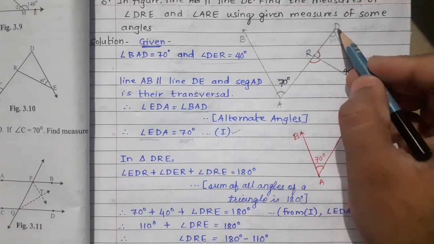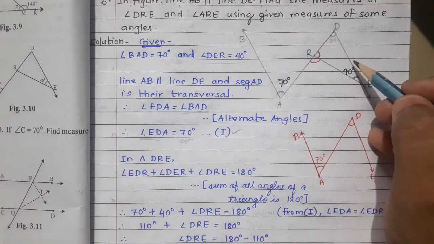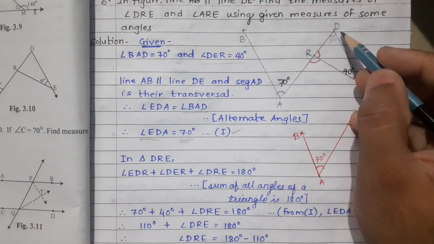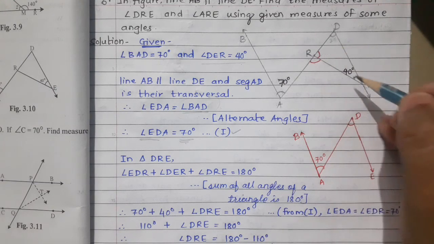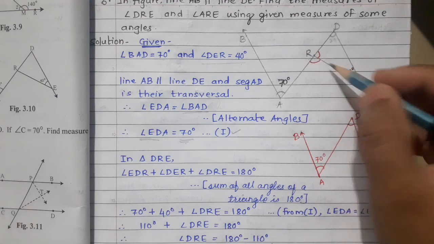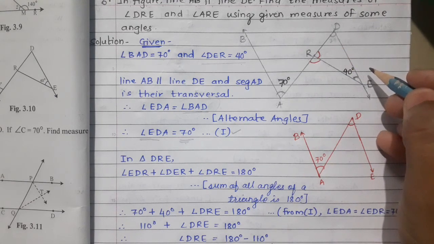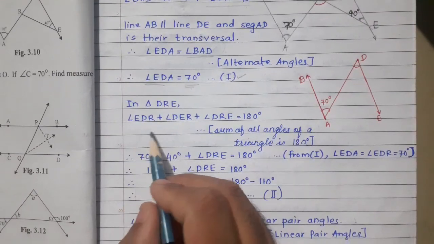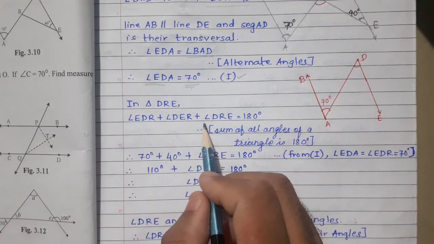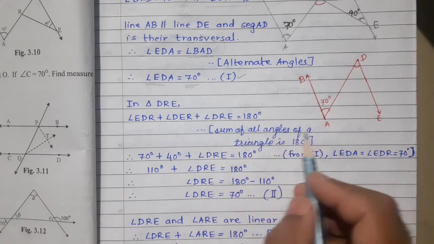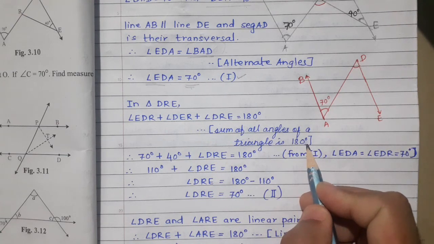In triangle DRE, we know that the sum of all angles is 180 degrees. Then we can write angle EDR plus angle DER plus angle DRE is equal to 180 degrees, and reason is the sum of all angles of a triangle is 180 degrees.